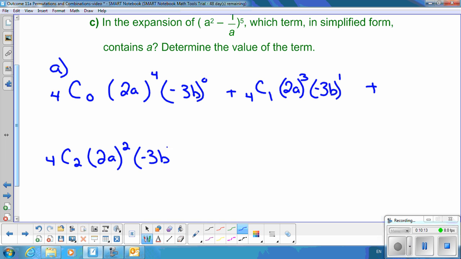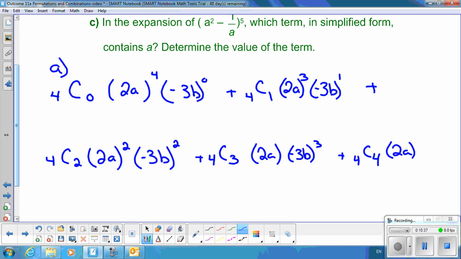And negative 3b was at 1, now it's squared. The next one is 4C3. 2a to the power of 1, it decreases by 1, and negative 3b to the power of 3. The next term, 4C4, so we're at our last term, 2a to the power of 0, and negative 3b to the power of 4.